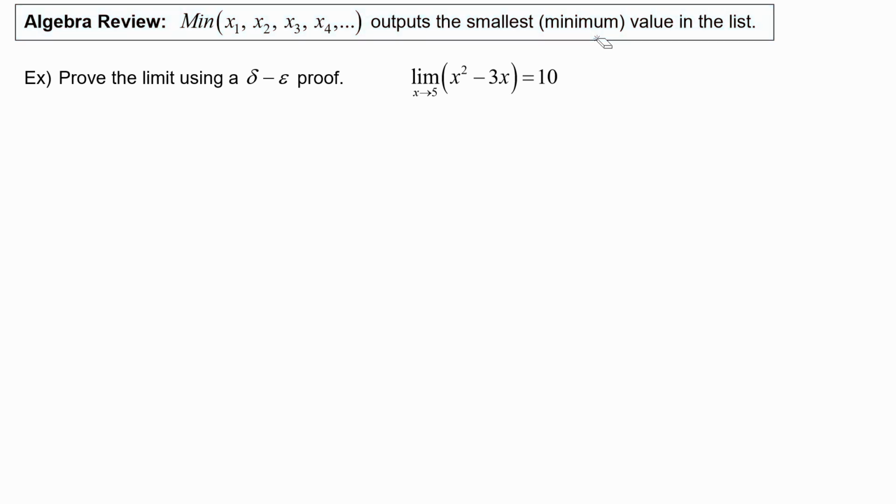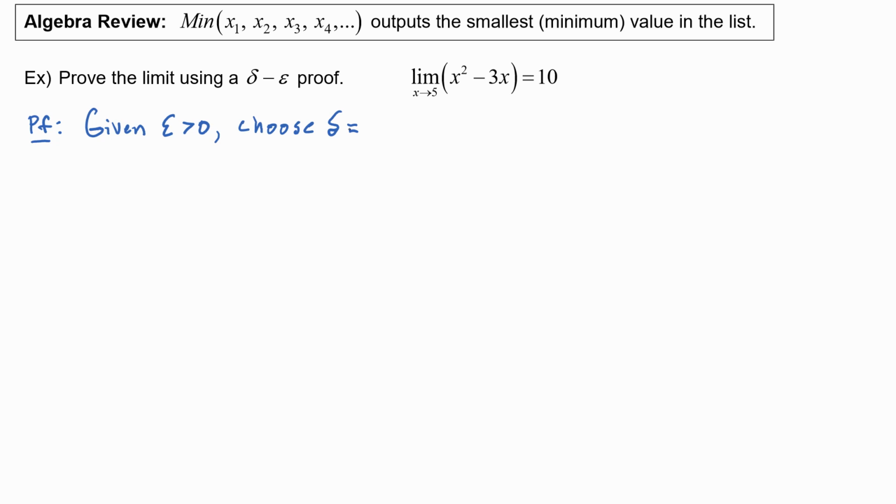In this example, we have to prove the limit using a delta-epsilon proof. We're given the limit as x approaches 5 of the quantity x squared minus 3x is equal to 10. Now we start off, like all our proofs, with given epsilon greater than 0, choose delta equals, now here's where it's different.